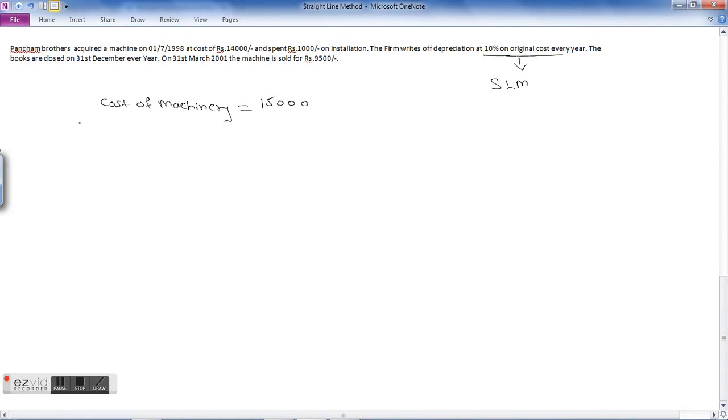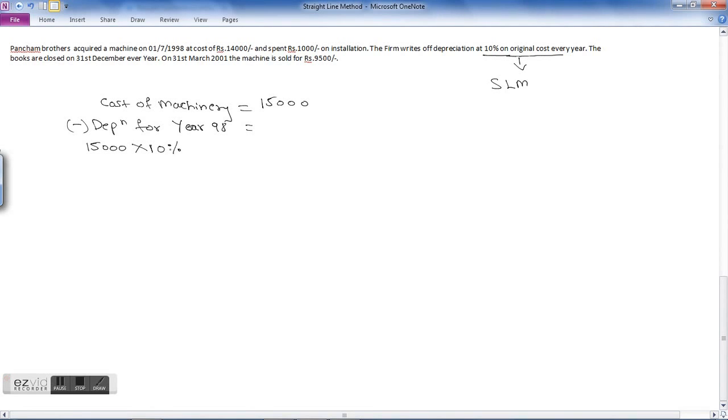Then we'll calculate depreciation. Less depreciation for year 98. Since the books are closed at the end of year 98, that is on 31/12/1998, depreciation for year 1998. Now what is the rate of depreciation? The rate of depreciation is 10% on the original cost of the asset, into 10%.